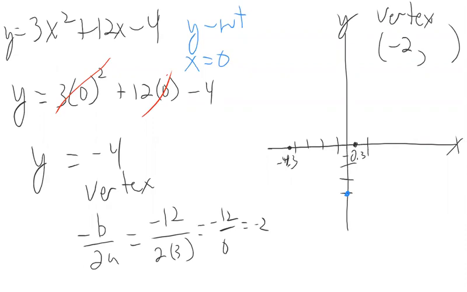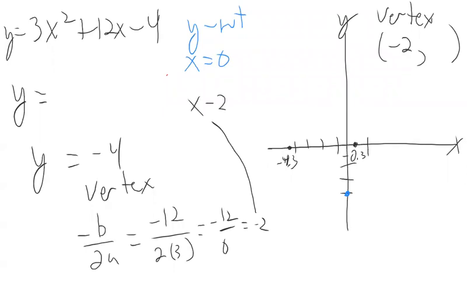To find the next point, I do the same thing as before, but instead of letting x be 0, I'm going to let x be negative 2. So I do 3 times negative 2 squared plus 12 times negative 2 minus 4. If I do that math out, I should get a negative 16.